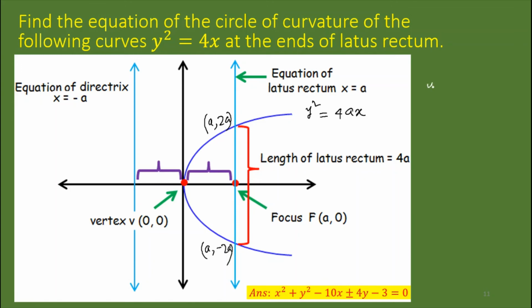If we compare this equation with y square equals 4ax, then 4a is 4, a is 1. So the endpoints of the latus rectum are (1, 2) and (1, minus 2).